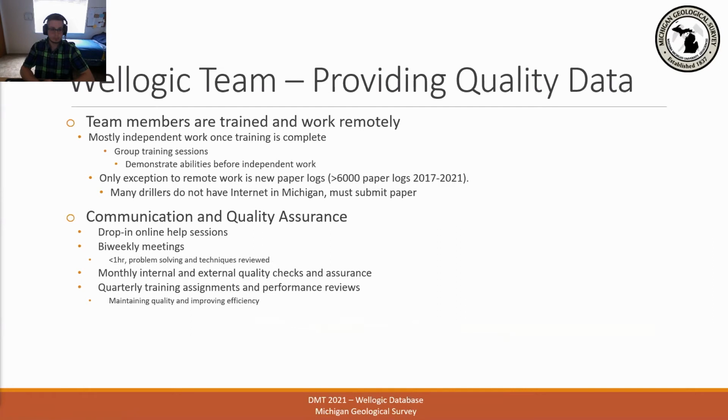We always try to keep in mind that our main goal of digital input and location validation is to provide quality data not only for our own mapping efforts, but all Wellogic users. Because as John stated, there's a lot of people. If you go to the next slide.